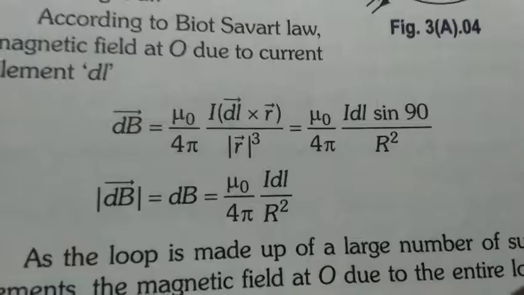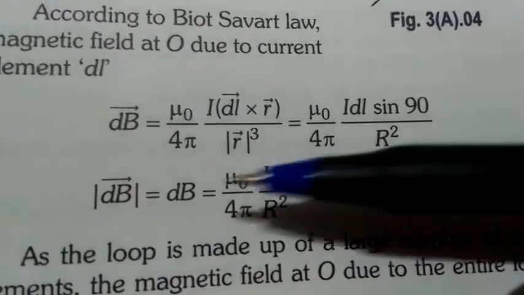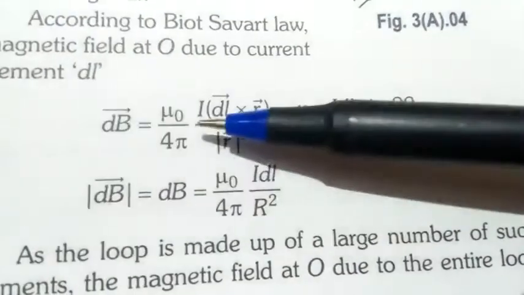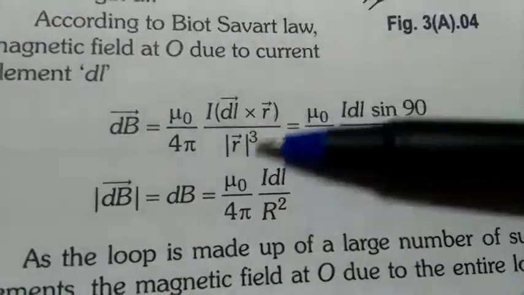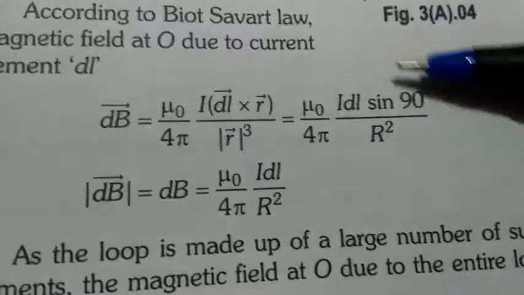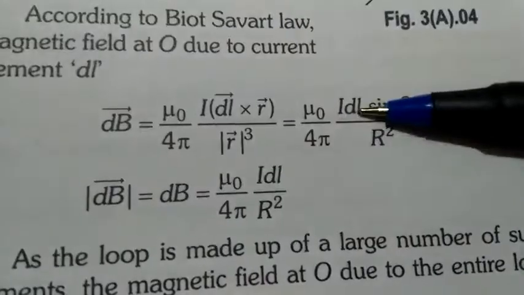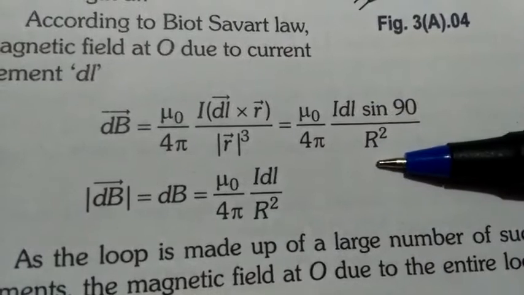Okay. So according to Biot-Savart law, dB equals mu naught upon 4 pi, I dl cross r upon r cube, or we can also write it like this: mu naught upon 4 pi, I dl sine theta upon r square.